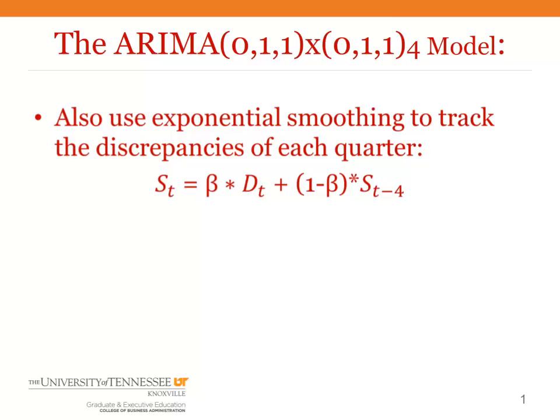So that's t minus 4 is an important number to recognize in that formula. We're going to go through an example. You don't need to stare too hard at the formula, just sort of get the general idea that we're using exponential smoothing and we're jumping back for a whole year each time we update.